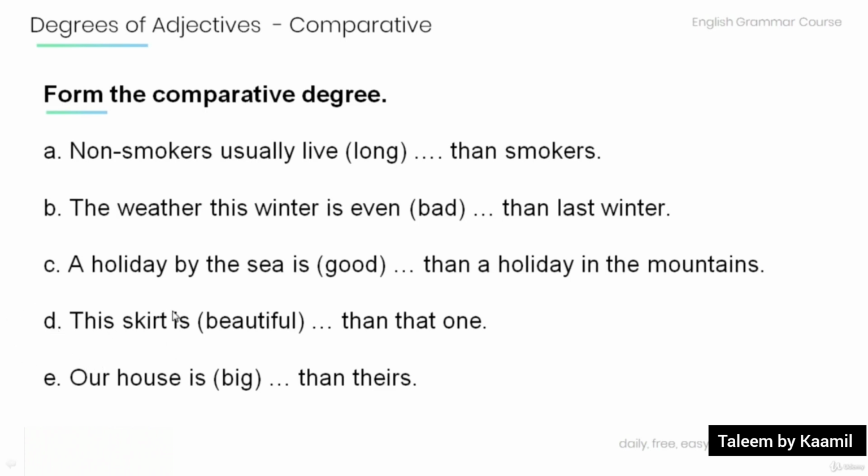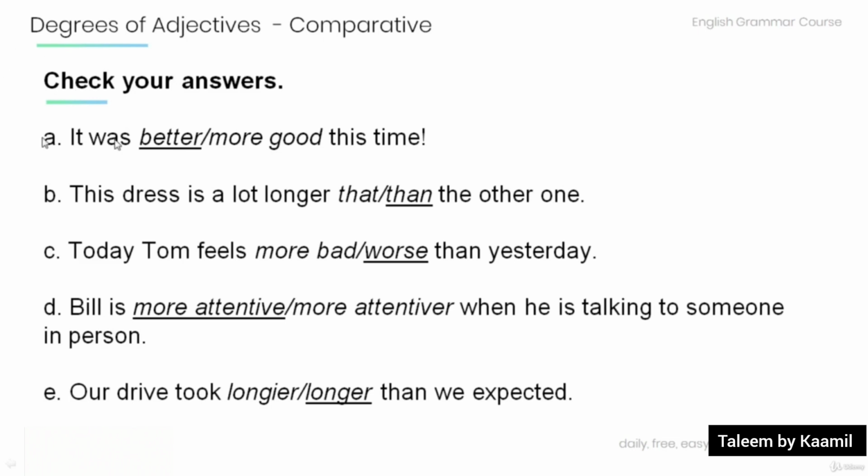D. This skirt is beautiful than that one. E. Our house is big than theirs. And now, let's check your answers.